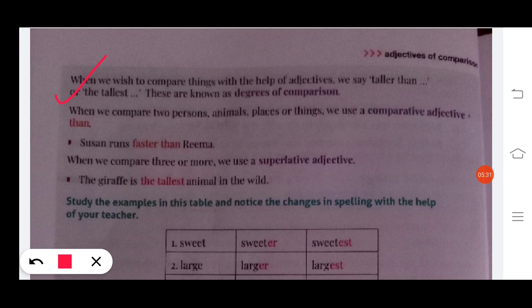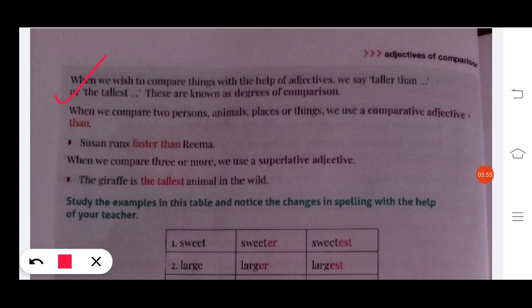When we compare two persons, animals, places or things, we use the comparative adjective. Just like tall, the comparative adjective will be taller than. So we use the comparative adjective plus than when we compare two persons, animals, places or things. Example, Suzanne runs faster than Rima.